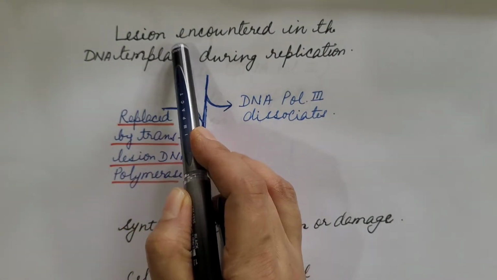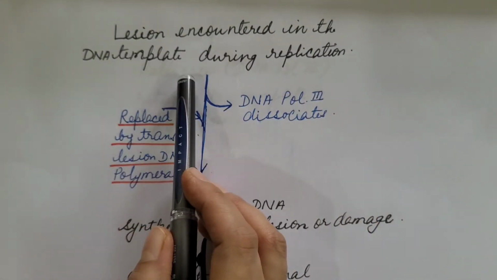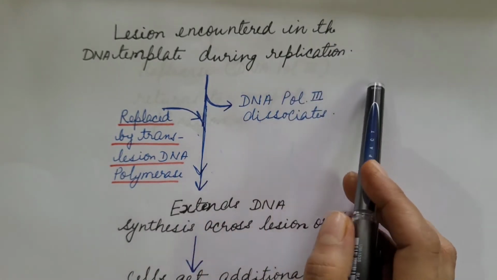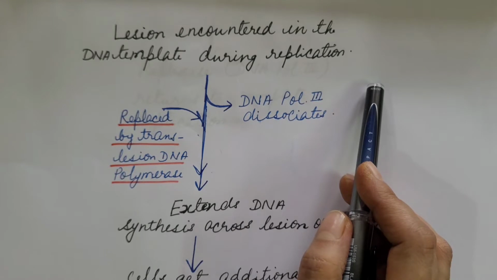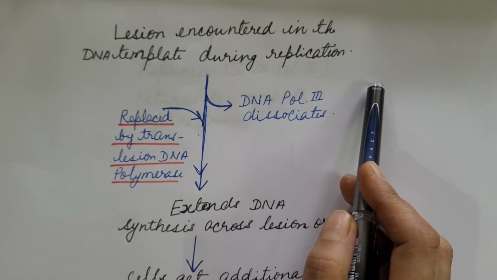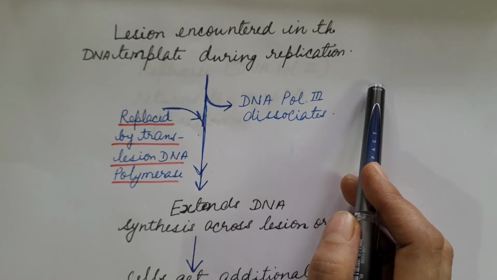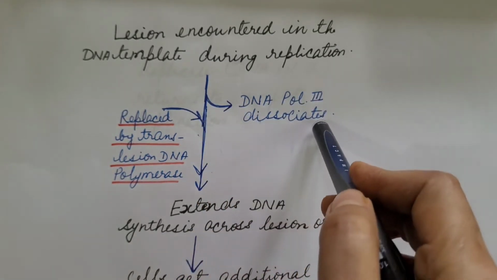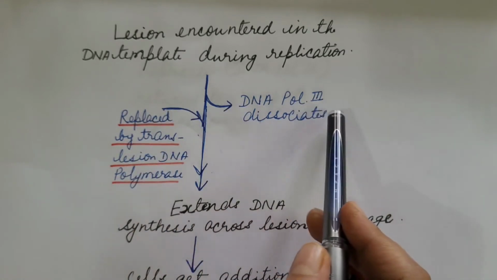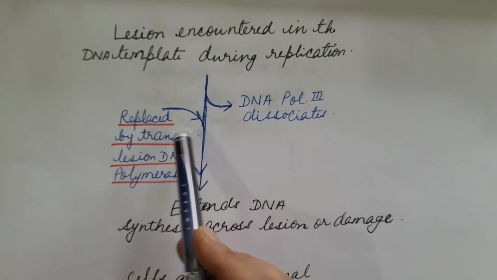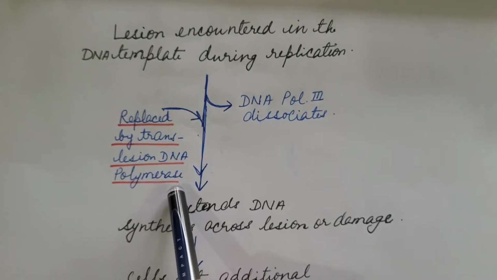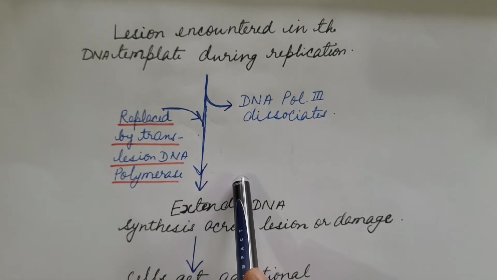When a lesion is encountered in the DNA template during replication, the replication fork stalls, or DNA polymerase 3 stops extending the new strand or replication of the DNA. DNA polymerase 3 then dissociates from the template strand and it is replaced by translesion DNA polymerase, for example DNA polymerase 4 and DNA polymerase 5.